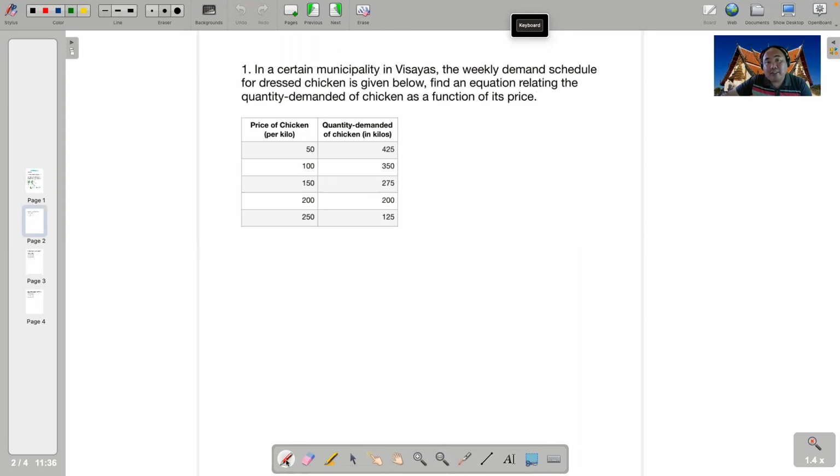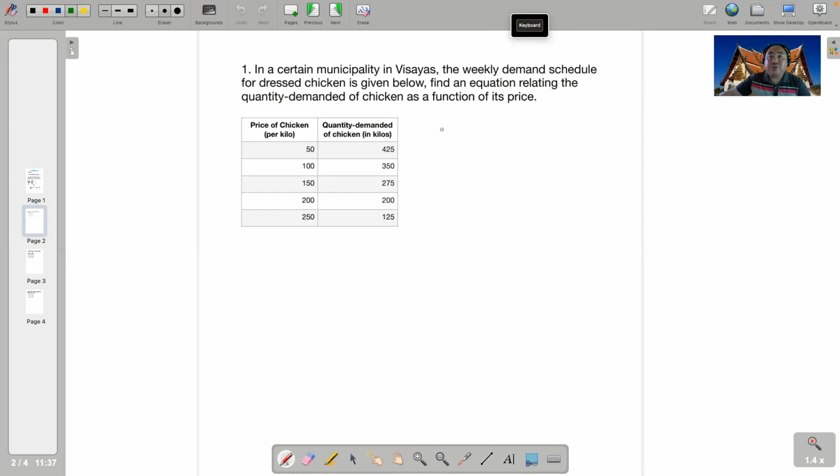of its price. Now in order to do that, we just recall our basic algebra. First we find the slope, and once we find the slope, we find the intercept, the y-intercept. So how do you do that? You treat your quantity demanded as your y variable, and you treat price as your x variable.